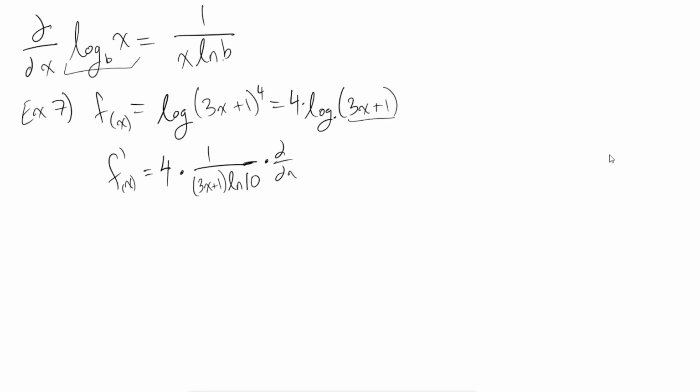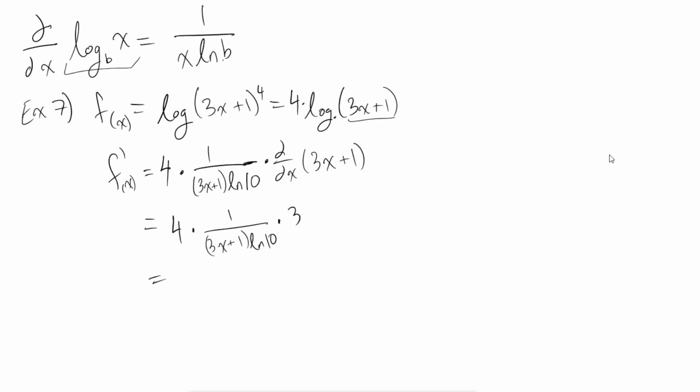So the derivative with respect to x of the inside, we do have to do the chain rule, but it's just 3x plus 1, so the derivative of that is equal to 3, which gives us 4 times 1 over 3x plus 1 ln 10 multiplied by 3.